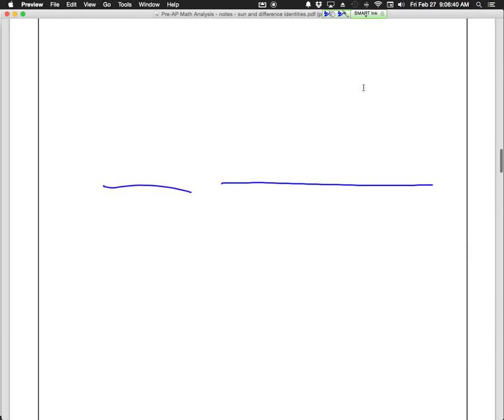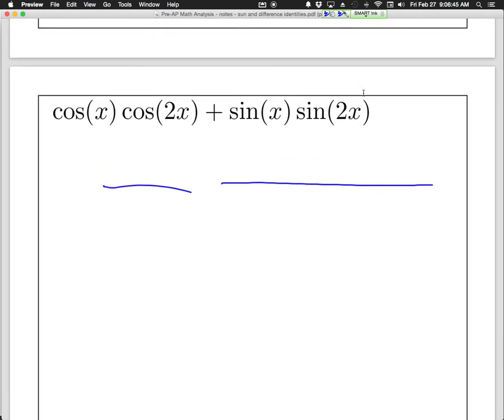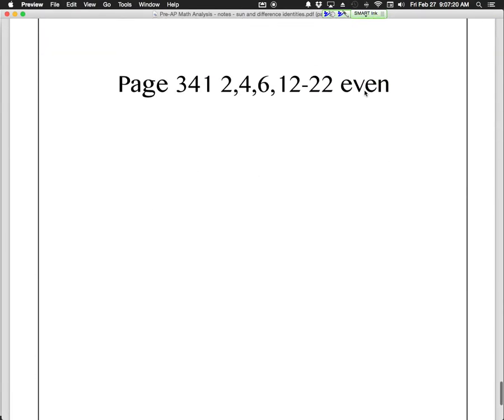So when I go down to the end, that means this is equal to cosine of x minus 2x using that formula. Just like 1 minus sine squared is equal to cosine squared, whenever I see 1 minus sine squared, I can replace it with cosine squared. Same thing here. Whenever I see this, I can replace it with that. So this whole thing turns into that because of the identity. Got it. Glad you asked that question, because you're not the only one thinking.